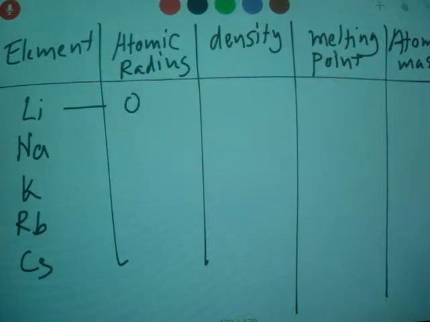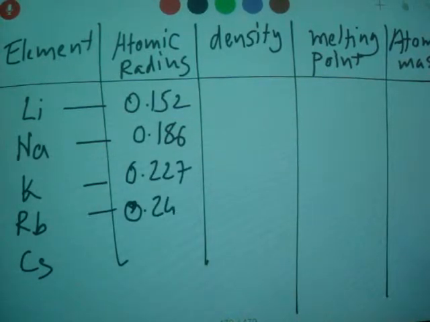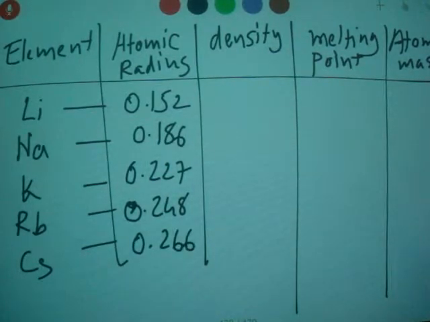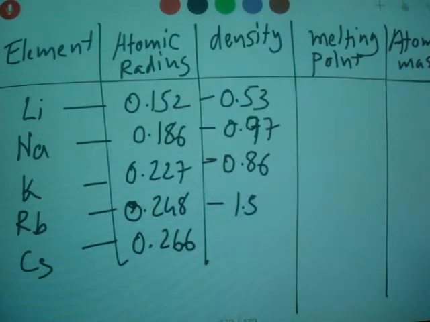So let's say the radii are 152, 186, 227, 248, and then 0.266, and the density is in gram per milliliter. I'm writing it, table 5.2. So on and so forth.